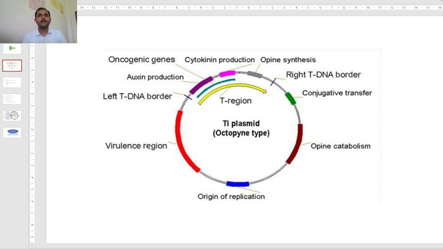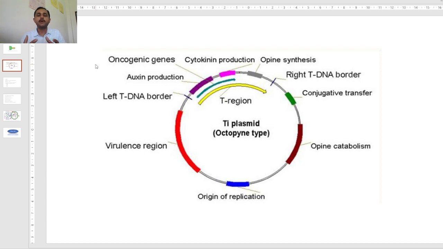So we are discussing the Ti plasmid. What is this plasmid? Tumor induction mainly occurs due to the Ti plasmid. This plasmid is responsible for the tumor induction, and that is why it is called the Ti plasmid, where it carries several features by which it creates a tumor-like structure, known as oncogenic genes.